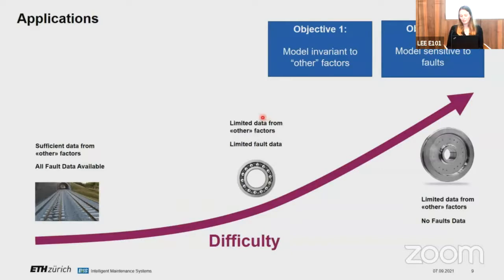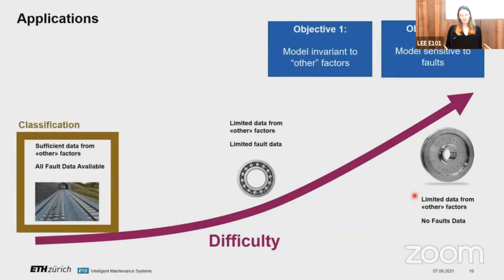And in the second one, we will have a look at what happens if we don't have that kind of data available, where we have only a subset of possible operating conditions and a subset of possible fault data available at training time. And last, the hardest one would then be, what do you do if you have absolutely no fault data available to train your model? But let's have a look at the very first one.